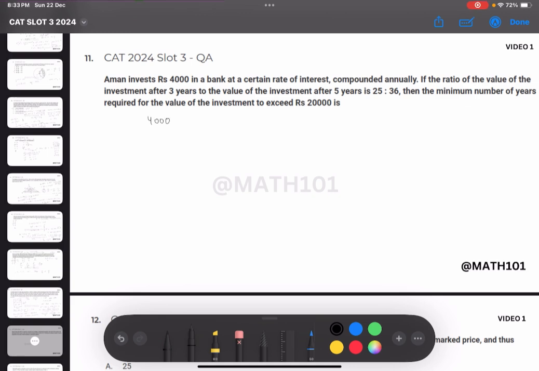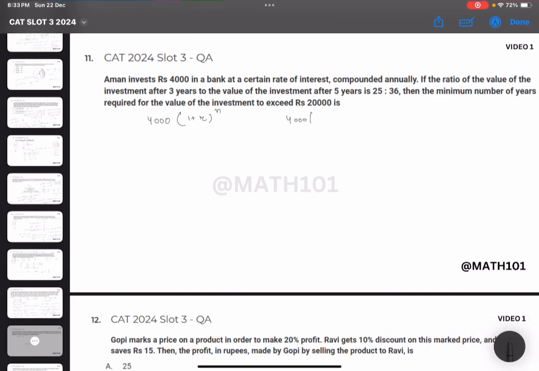$4,000 is the amount invested. Rate of interest is compounding, with the ratio of the value of investment after 3 years to the value of the investment after 5 years being 25 upon 36. So the investment after x years is 1 plus the rate of return to the power of the number of years. So after 3 years we have 4,000 into 1 plus r cubed, and after 5 years 4,000 into 1 plus r to the power of 5.